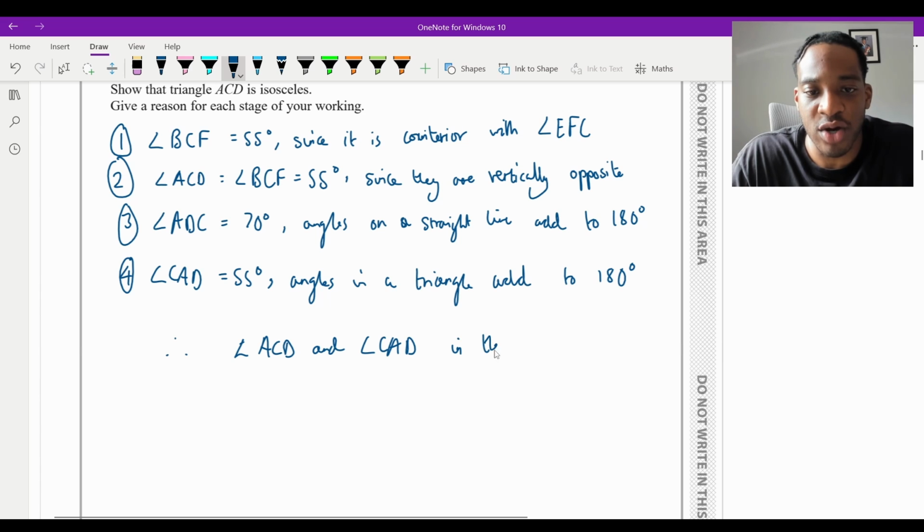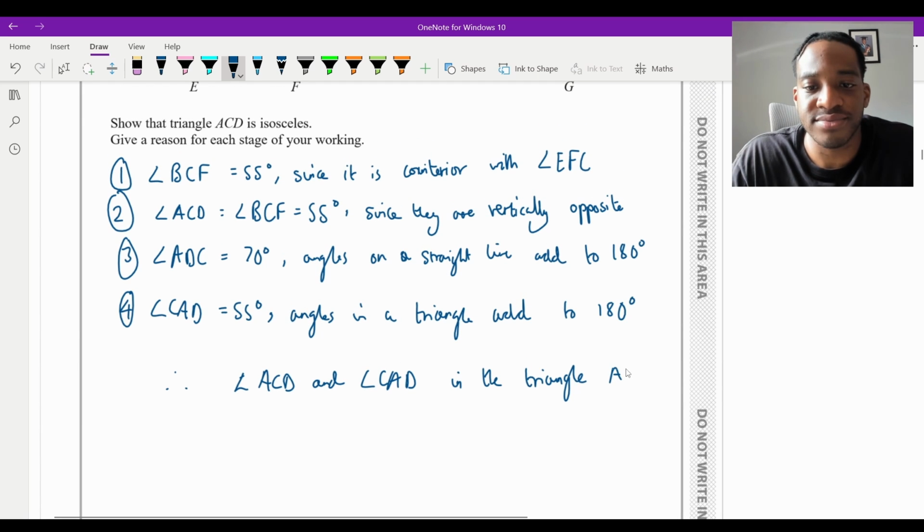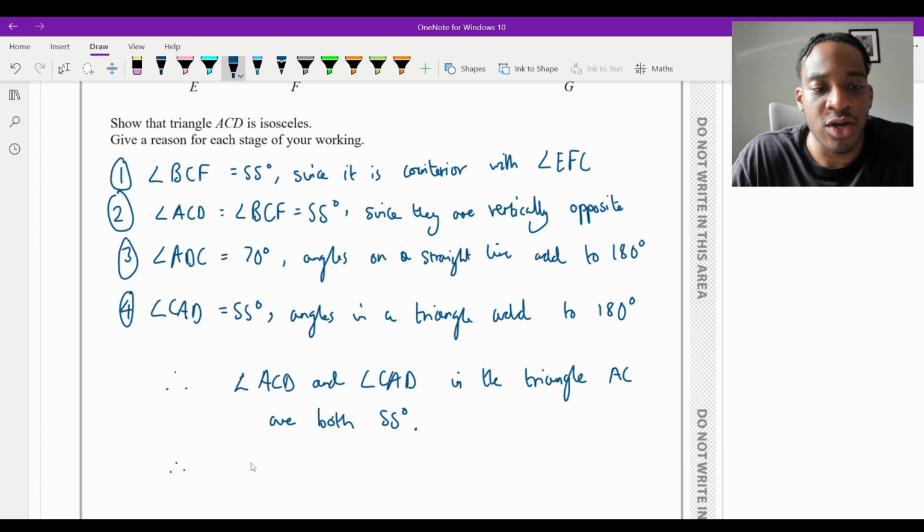That's the first one I should say. In the triangle ACD, angles ACD and CAD are both 55 degrees. Therefore, three dots mean therefore, the triangle ACD is isosceles.